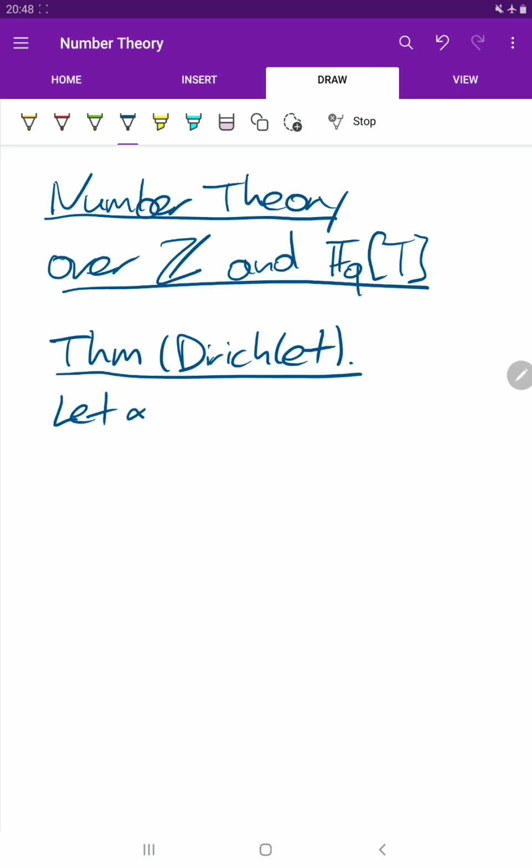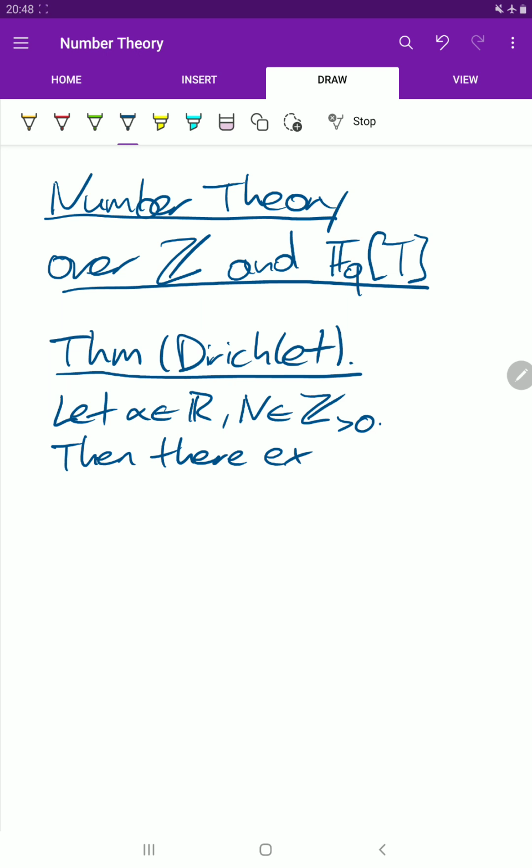Assume we are given a real number alpha and a positive integer n, and the claim is that there exist two integers, where p should be the numerator and q should be the denominator, and we have bounds on the denominator.